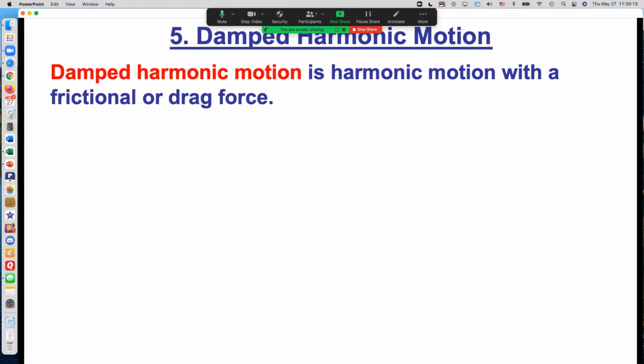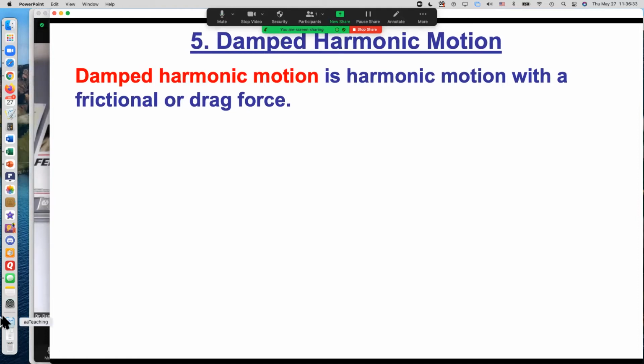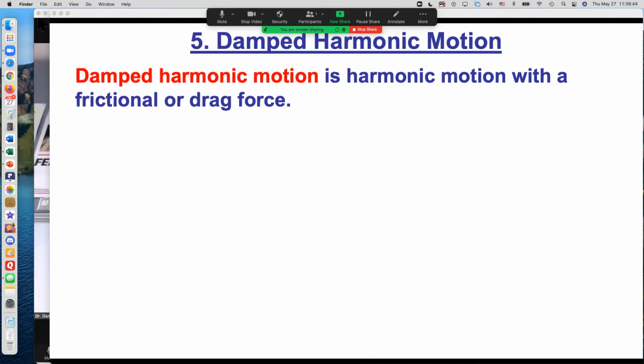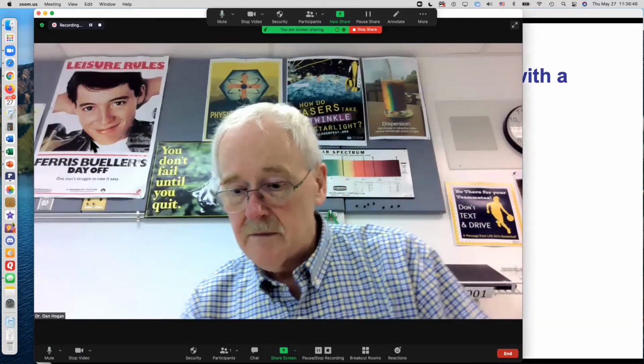Or it could be the friction of the wheels of this cart. If I set this cart up for you guys to take a look at it again.